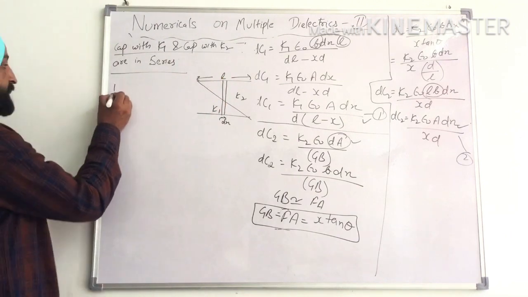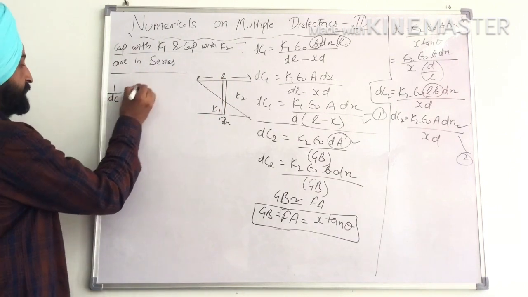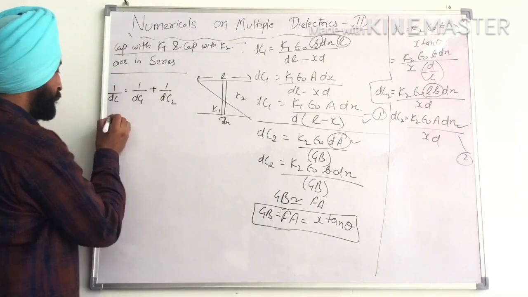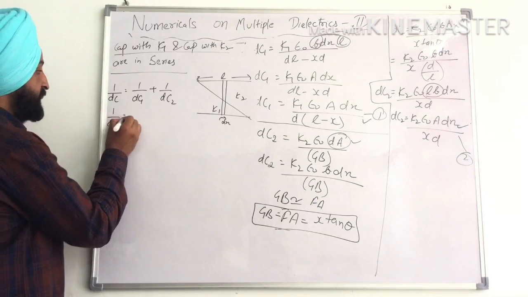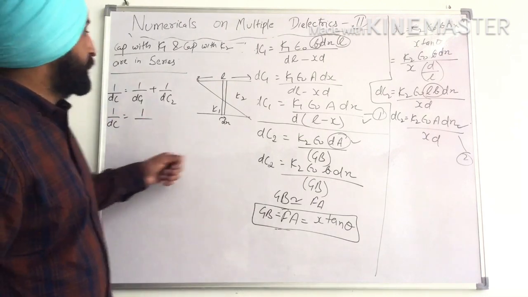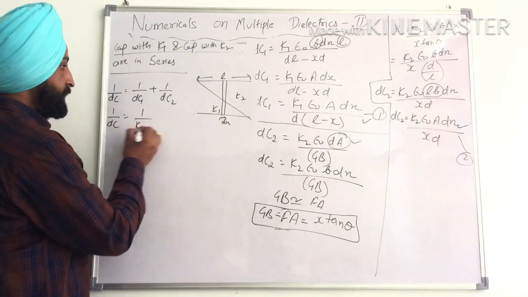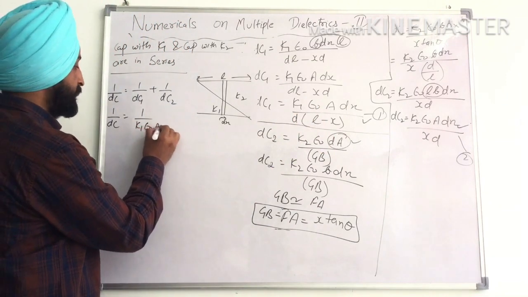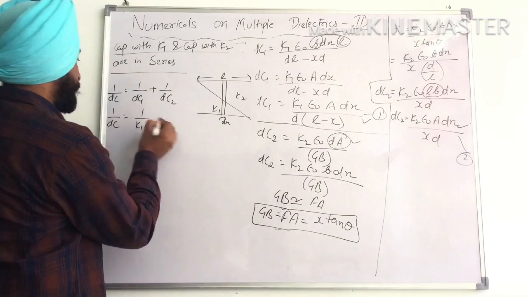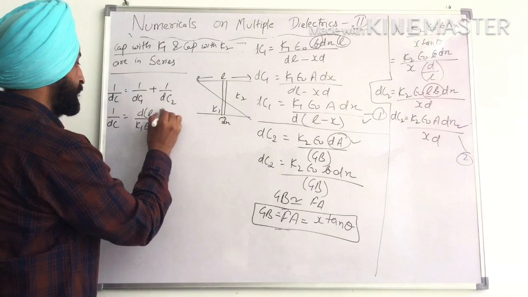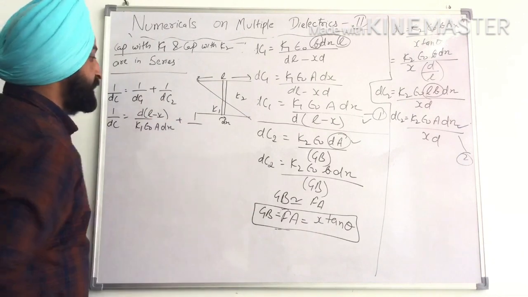So the net capacitance will be equal to 1 by DC, that will be equal to 1 by DC1 plus 1 by DC2. So 1 by DC would be equal to, now we will be substituting the value of DC1. Now DC1 is this. Put it over here, K1 epsilon naught A dx, and this value will go up, dL minus x, plus 1 by DC2.